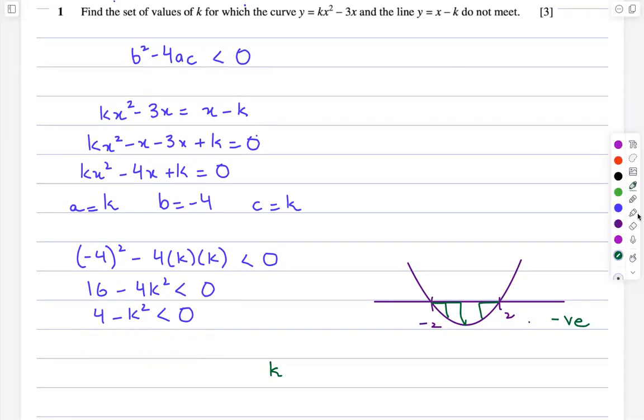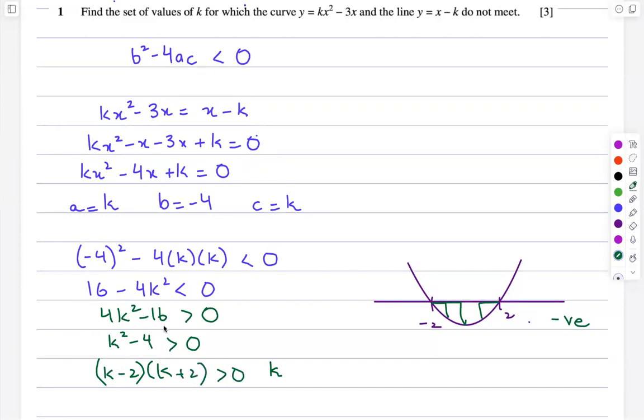So you would have to make it positive first. If we write it as 4k squared minus 16, this would have become greater than 0. And then dividing this by 4, this will become k squared minus 4 greater than 0. And this will become k minus 2 and k plus 2 greater than 0.